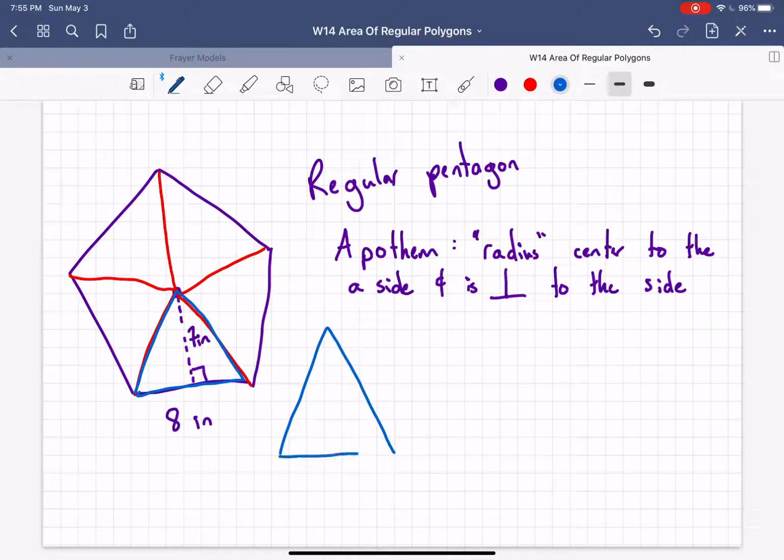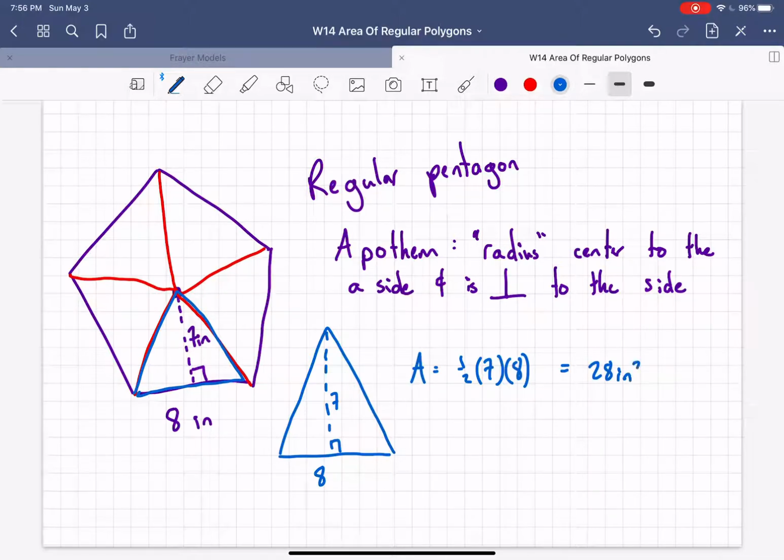And this triangle, which has a height of 7 and a base of 8, we need to find the area, right? So that's easy, we can do that right away. The area of that is 1/2 times 7 times 8. If we actually calculated that, that would be 3.5 times 8, or 7 times 4, which would be 28.